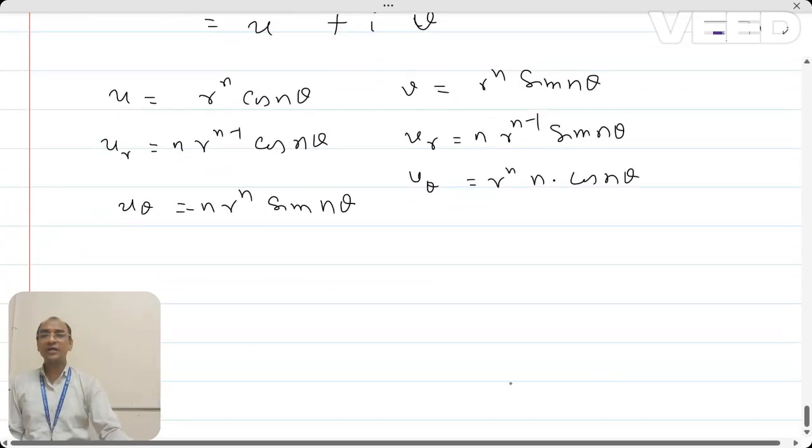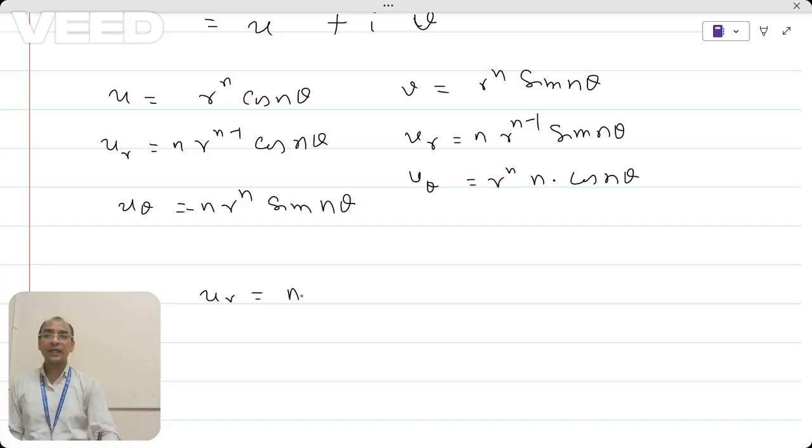Now you see that u r is equal to n into r to the power n divided by r, because of the minus 1, into cos n theta. So we can write 1 by r into n r to the power n cos n theta.